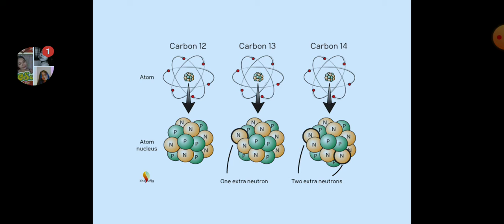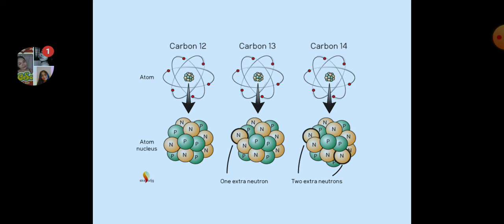Ganun yung nangyayari kay carbon 14. So, since hindi balance yung number of protons and number of neutrons, nag-undergo siya ng radioactive decay. So, it can be alpha, beta, gamma decay. No? Yan yung mga types of decay. So, ginagawa niya yun para dumating yung time, class, na yung carbon 14, yung number of protons niya is mag-equal sa number of neutrons.